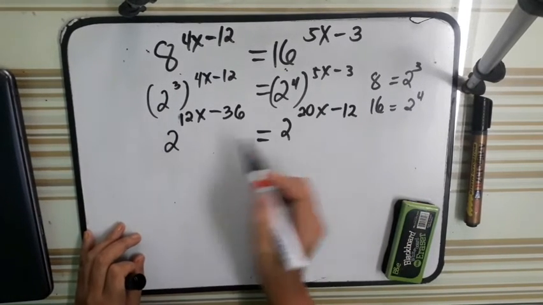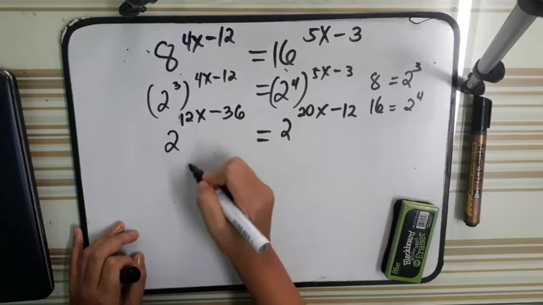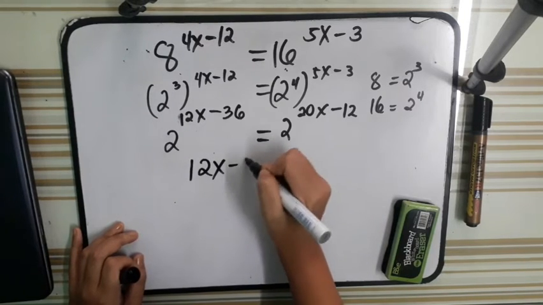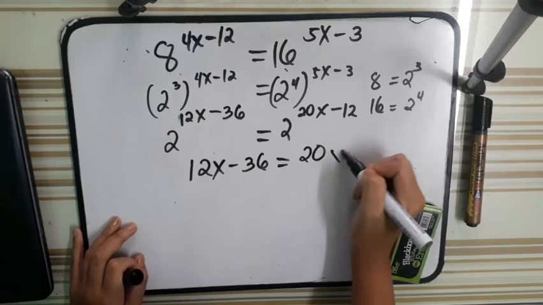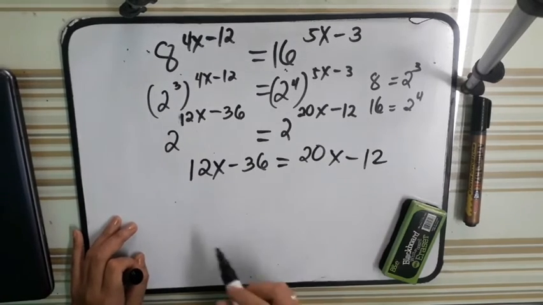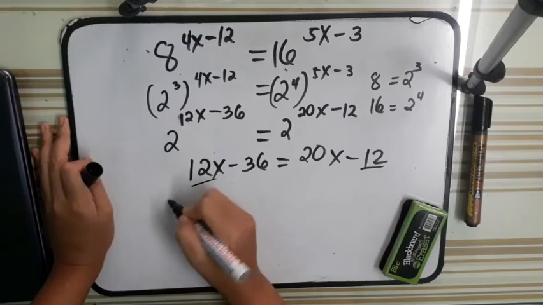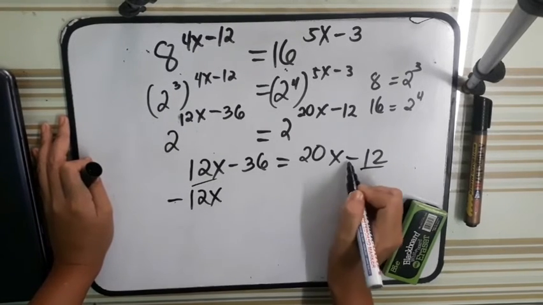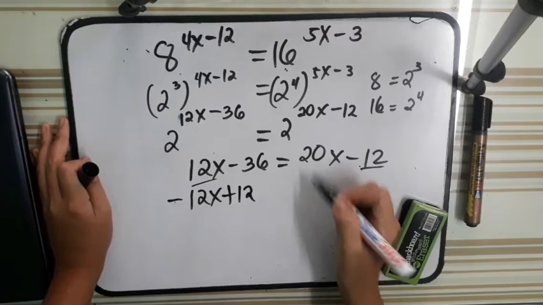Now, the bases are the same. We equate the exponents with one another. So we have 12x minus 36 is equal to 20x minus 12. Now, we need to cancel this one and this one. So we add negative 12x, and since this is negative, positive 12 on both sides of the equation.